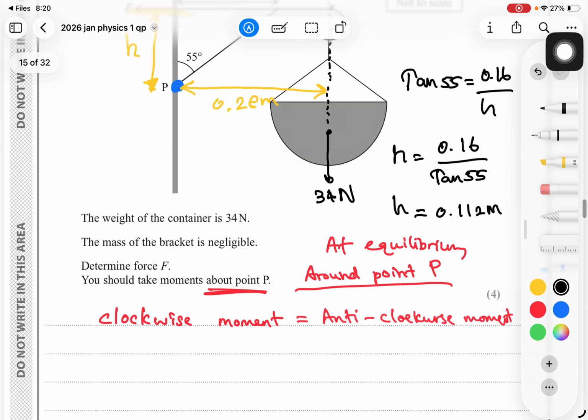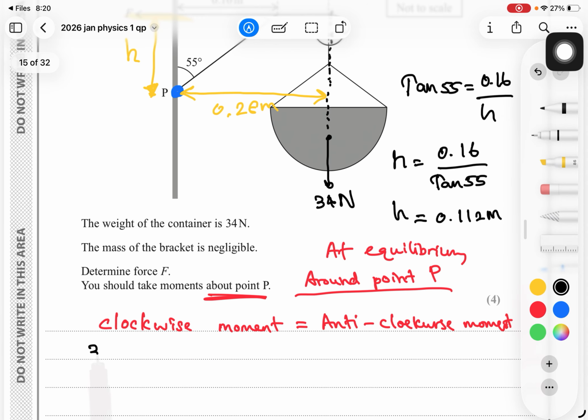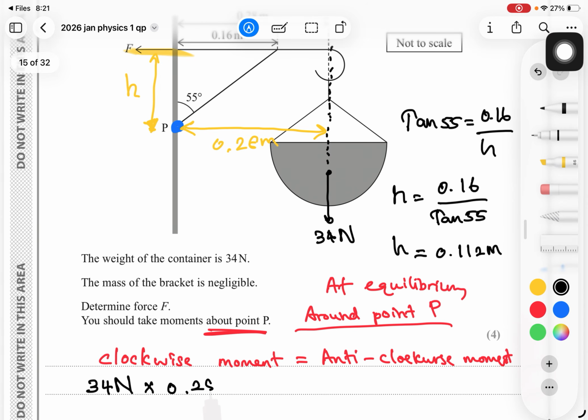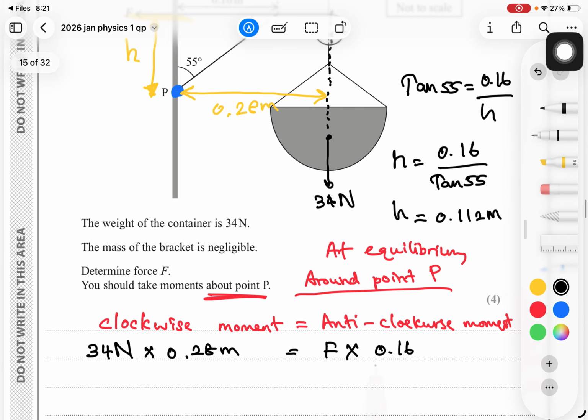So the clockwise moment we have is 34, which is the weight, times 0.28 meters, which equals force times 0.16 divided by tan 55.